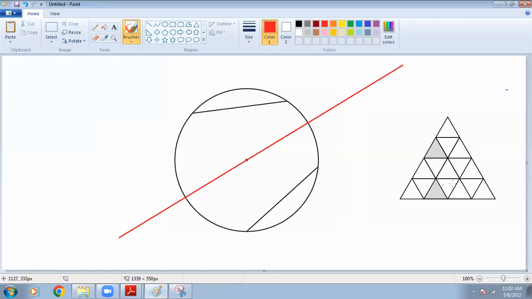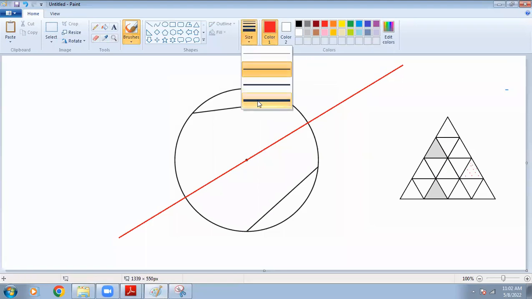So you can see this is the center. One triangle is shaded here, one triangle shaded here. So one triangle should be shaded here. So I am shading it. I hope you can see that.